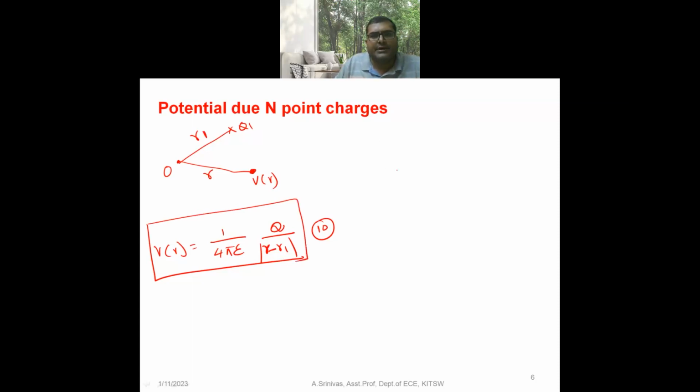Due to n number of point charges, consider the position of origin.